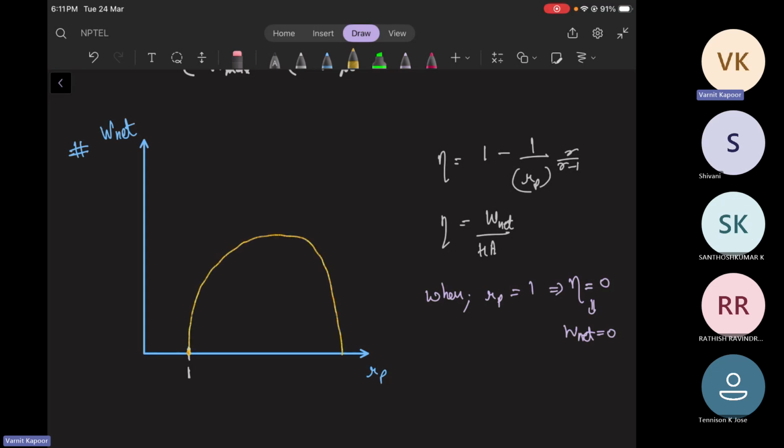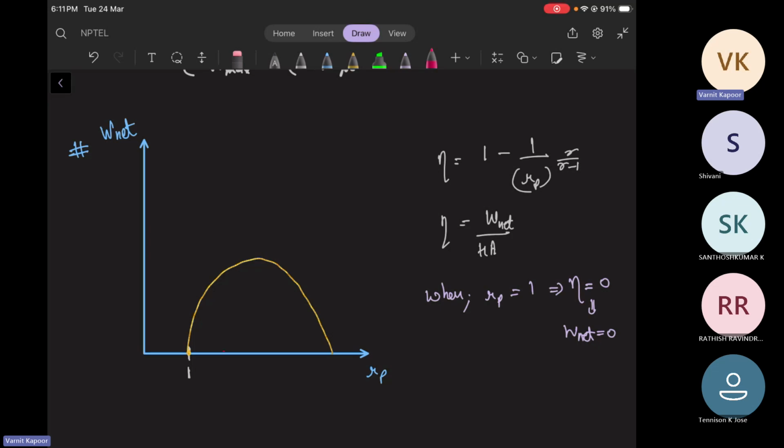Let me draw it once again. Now the question arises: as we have calculated the optimum pressure ratio, for the optimum pressure ratio we get the maximum work output. We have derived this in the previous tutorial.